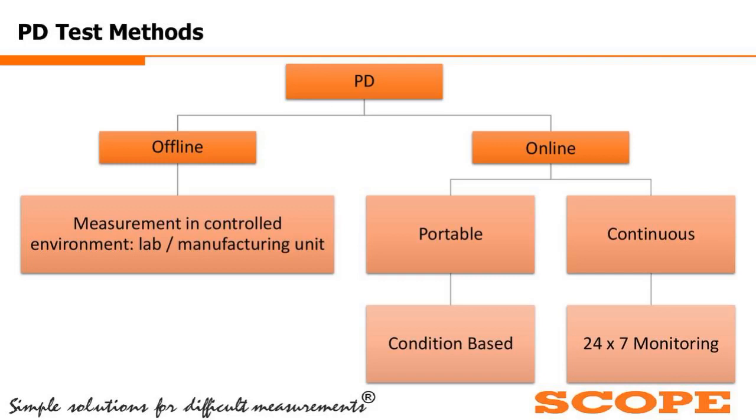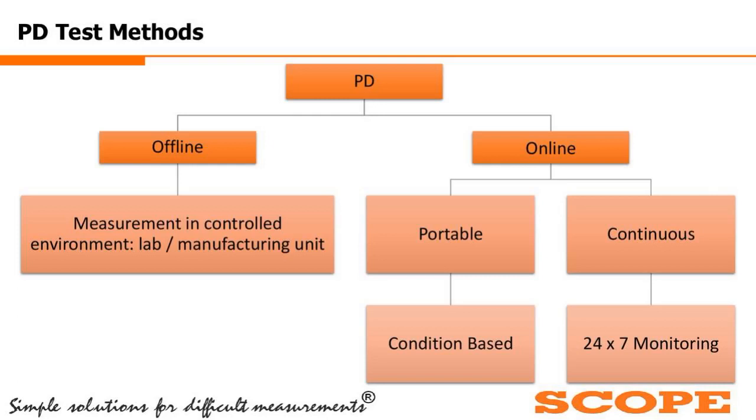Now, PD test methods: PD can be tested with the online version or the offline version. Offline is not that easy, and it is not popular, because we require a shutdown. Then we should have a high voltage generator that is PD free, and we require a coupling capacitor. We have to ensure that no other partial discharge signals from the ambient enter that room.